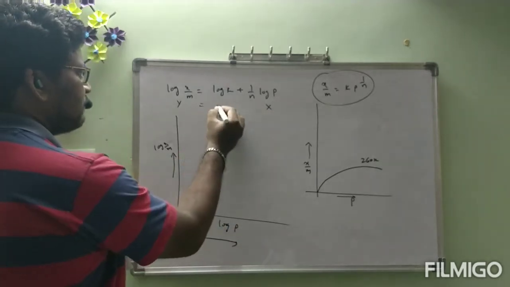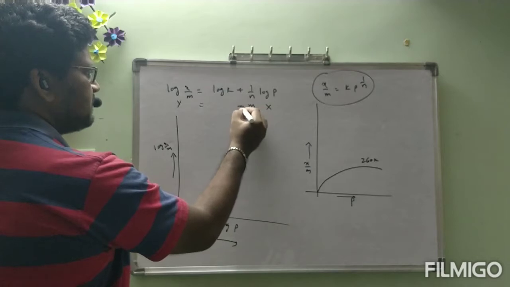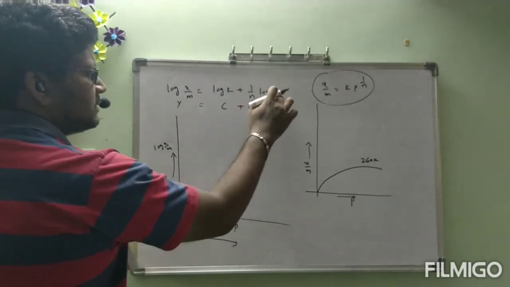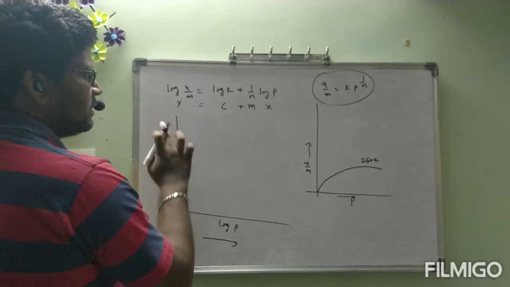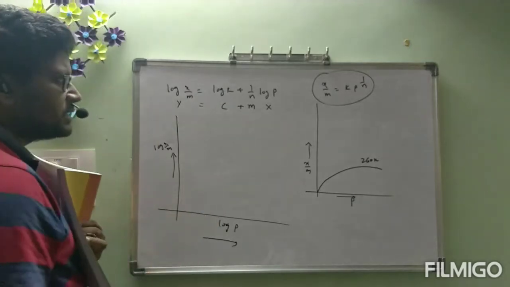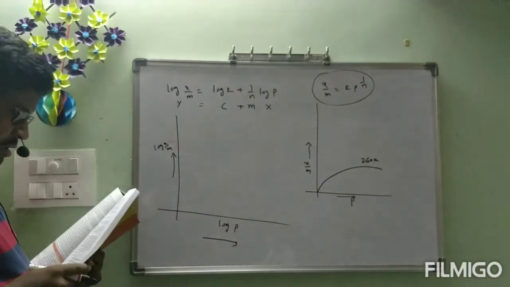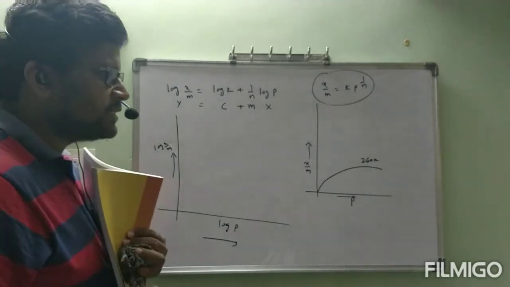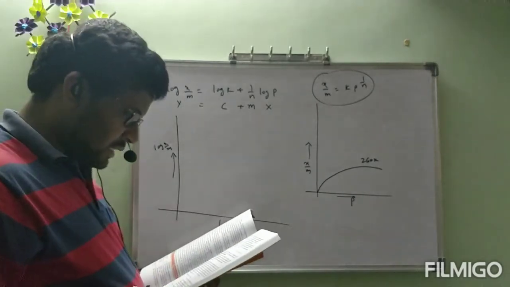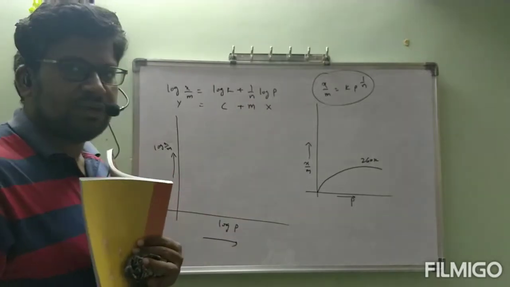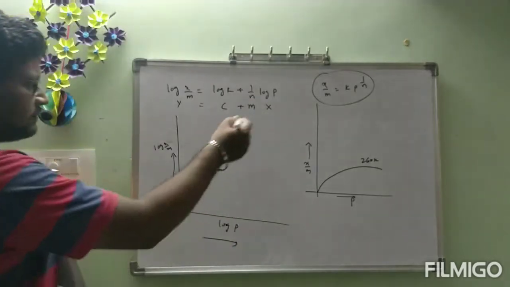Then this is in the form of y equals mx plus c, where m is 1 by n, with positive slope. Here n is greater than 1, which means definitely it is a positive slope. Then the line will be like this.